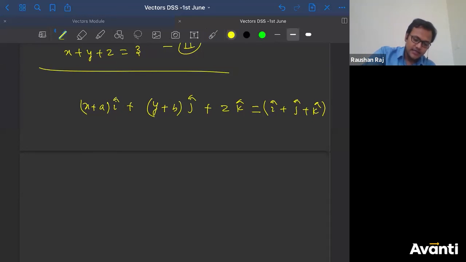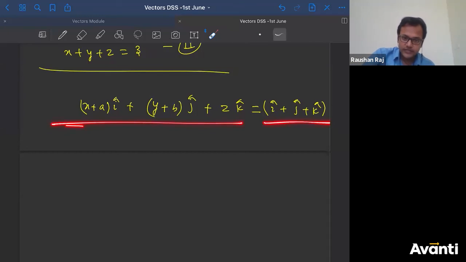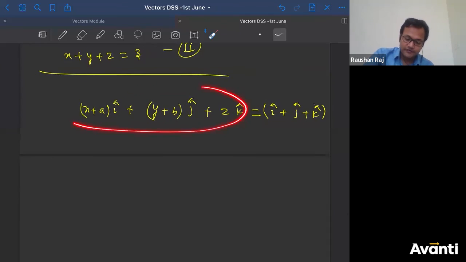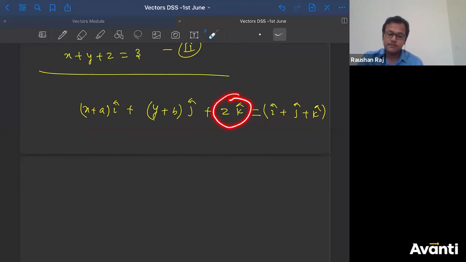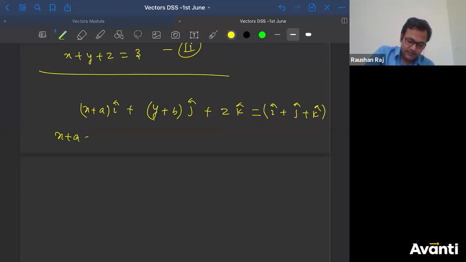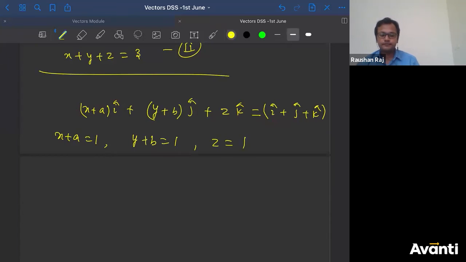See, if this vector is equal to this vector, that means the x component of this vector must be equal to the x component of the other vector, the y component must be equal to the y component, and the z component must be equal to the z component. So x plus a must be equal to 1, y plus b must be equal to 1, and z must be equal to 1.